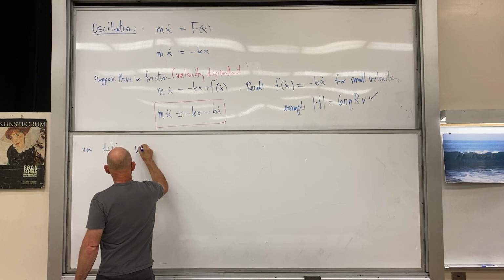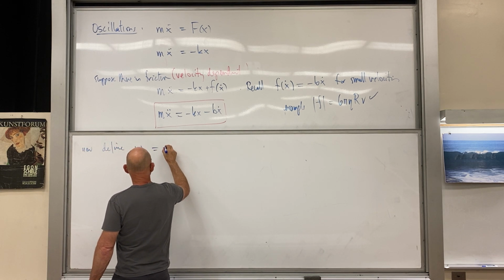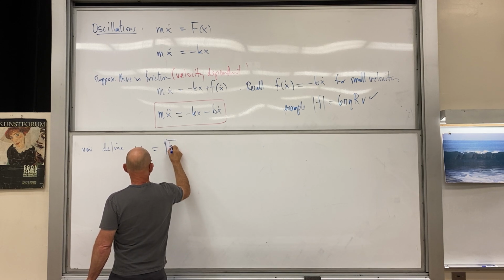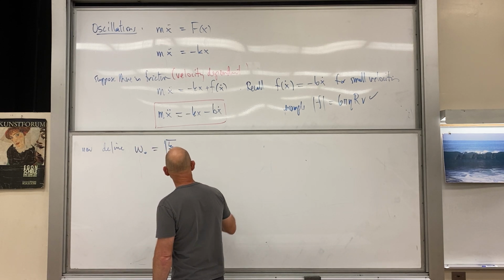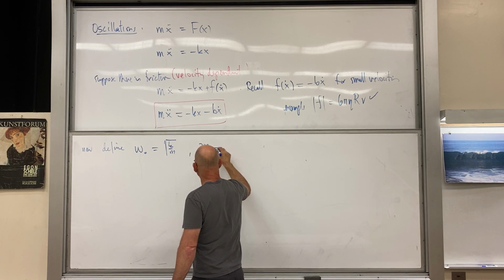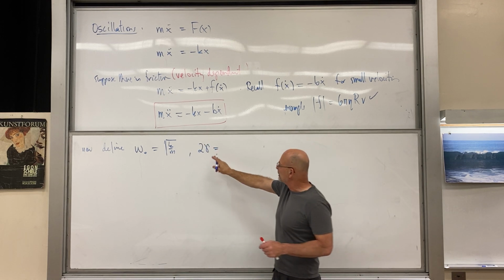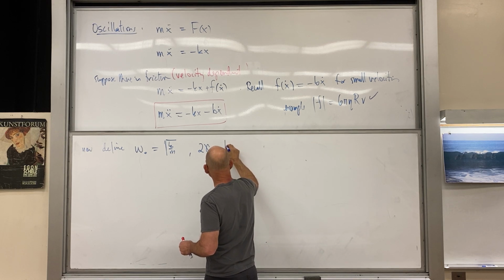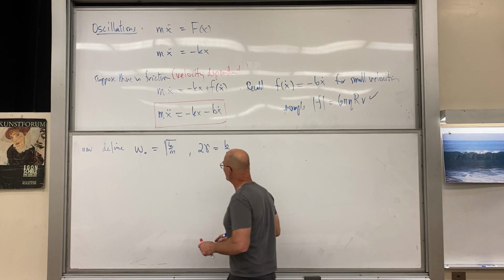Okay, now we're going to define omega 0 to be the square root of k divided by m, and 2 times gamma, you'll see in a minute, the 2 is just for convenience, 2 times gamma is equal to b divided by m.